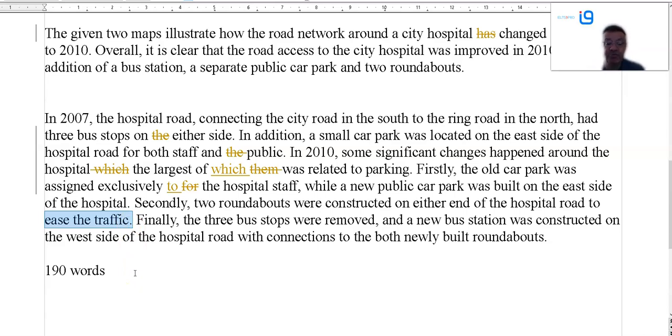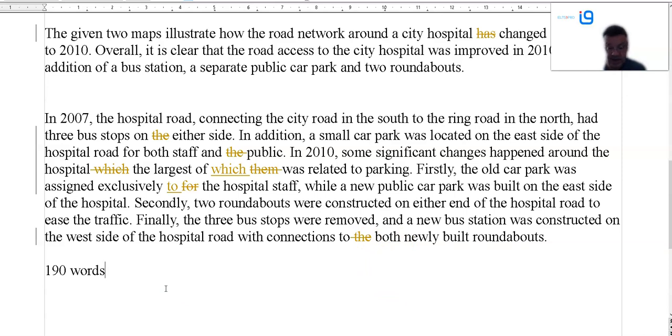Just saying, that's probably why it was there, but we can't say that because it doesn't actually say that's why it was there, so that is kind of your opinion. Bus stops in construction are connections to both the newly built roundabouts, or simply both newly built roundabouts.